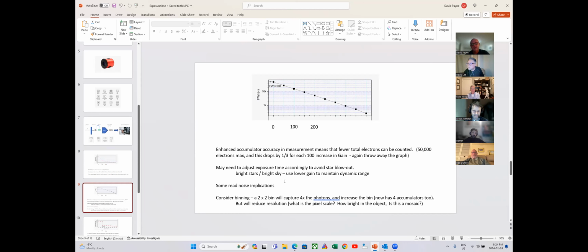The second thing that I just wanted to mention is the use of binning. In CMOS, you can't really bin the same way as you can with a CCD camera. I won't get into why.